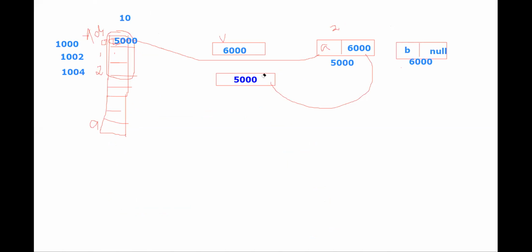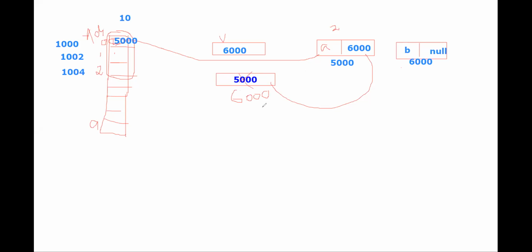So instead of 5000, the value is 6000. We are passing the new node address to the last pointer.